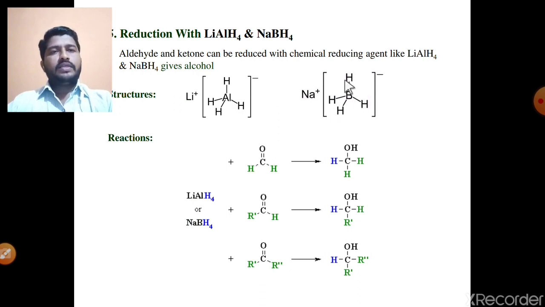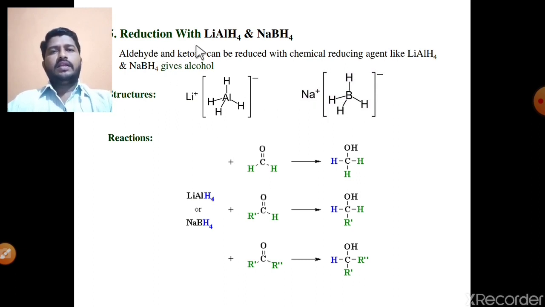Same for boron, which is also trivalent. After addition of one H minus, there is a gain of electron, this boron gains a negative charge, stabilized by Na plus. Both reagents, lithium aluminum hydride as well as sodium borohydride, follow a hydride transfer mechanism.